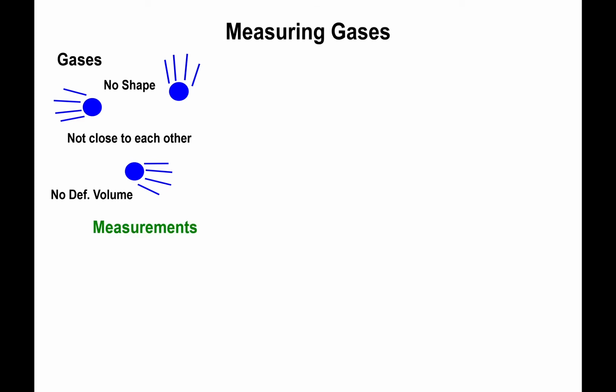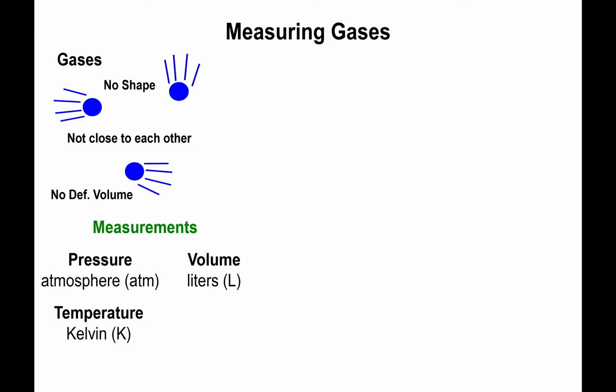And as far as measurements go, there's a number of them that you can carry out to characterize a gas. You can look at the pressure, which in SI units will be the atmospheric pressure. You could look at the volume of the gas, which, as I stated, can be changed at will. You could look at the temperature of the gas, usually in Kelvin, although as you'll find out, you could often refer to it in Celsius, but you'll have to remember to change it back to Kelvin.